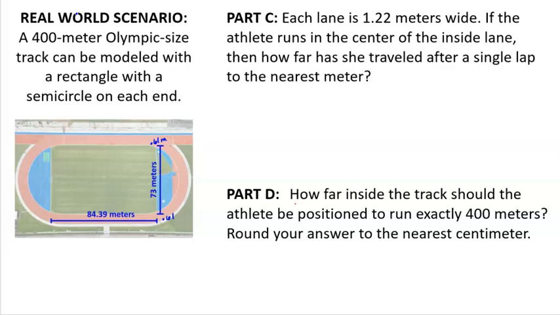And so if we're calculating our new distance, the straightaways are still going to be the same. So we've got two of those, but then that diameter on those semicircles are now increasing from 73 meters to 74.22. So we're adding on that 1.22 meters onto 73.